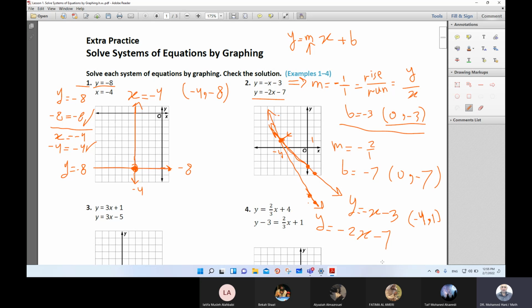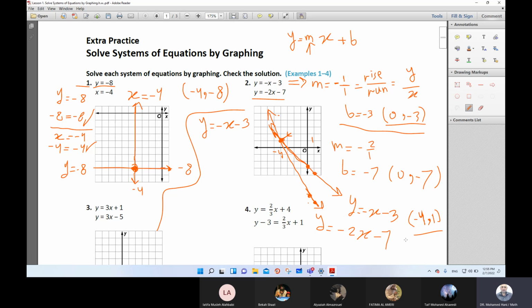We want to check how to know if this is exactly a true solution or not. Go back to the first equation, y equals -x - 3.